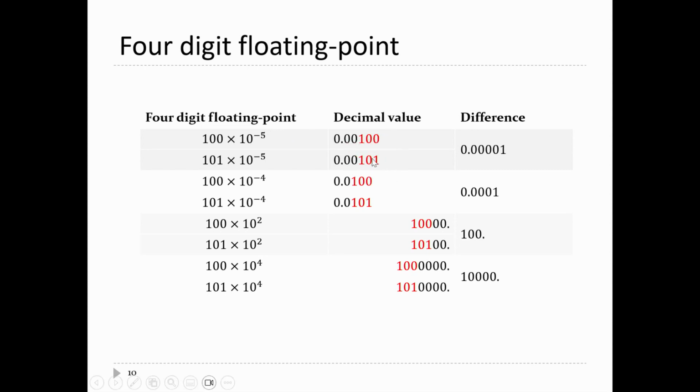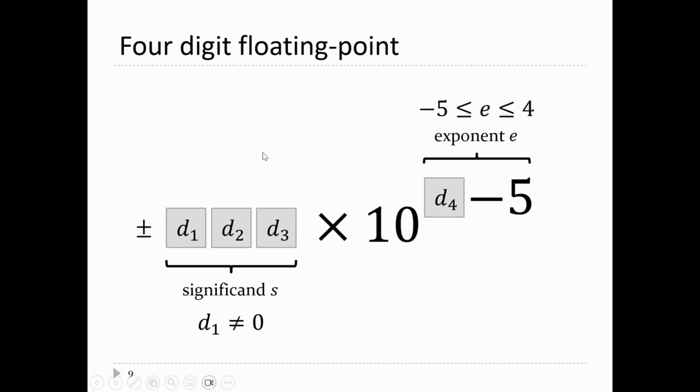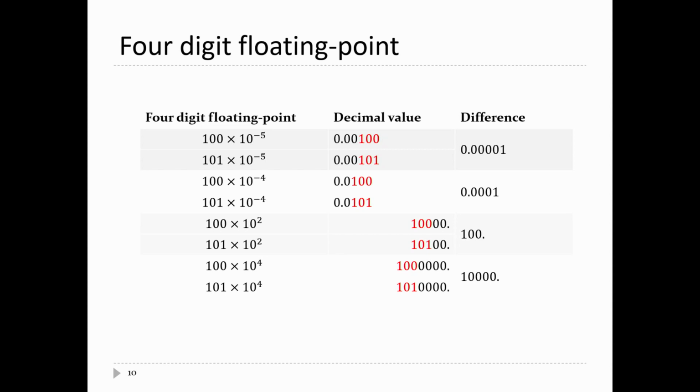That's the smallest positive number that I can represent. Notice that in this particular example, because I'm saying that d1 can't be 0, I can't actually represent 0 exactly. So the smallest positive value that I can represent is 100 times 10 to the minus 5.